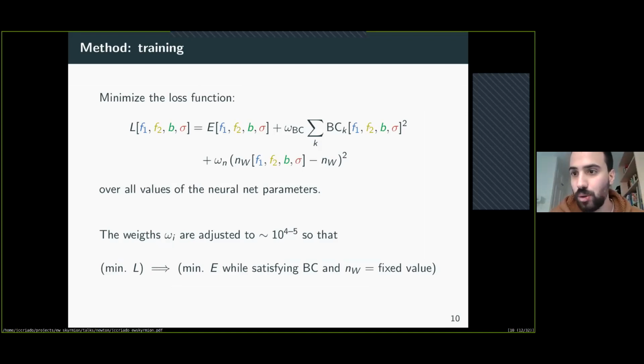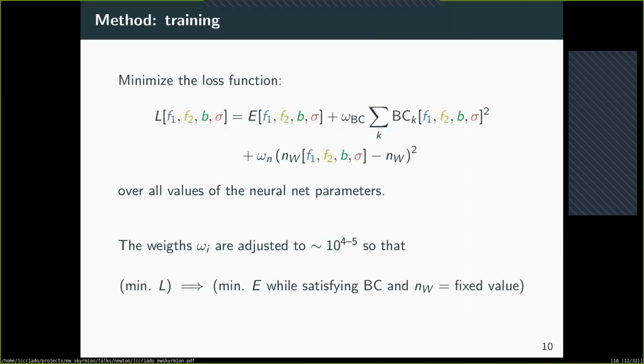But in this case, it goes to whatever value the energy has. So you need to have high enough values of these weights in order for the conditions to be satisfied. But in principle, I think this can be applied to any variational problem, as long as you're able to play a bit with the weights. Cheers.